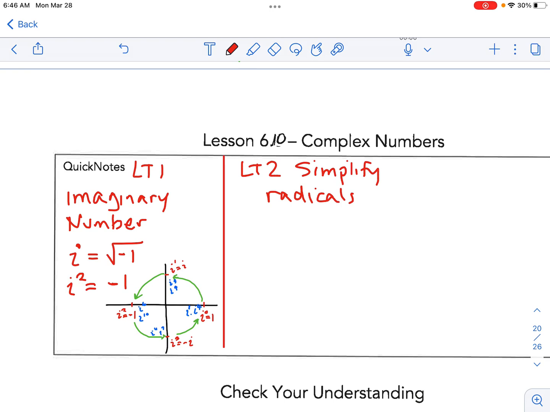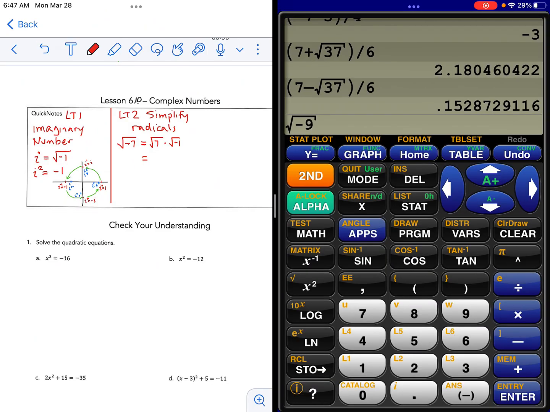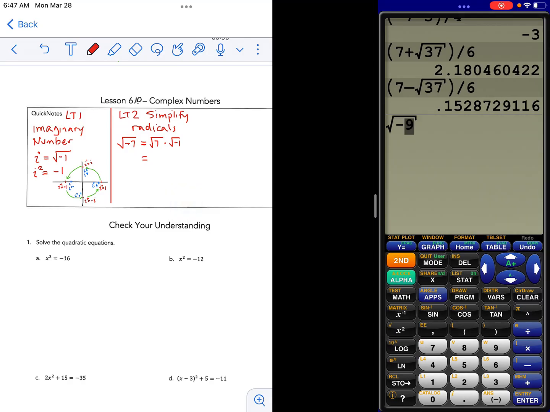So if we have a radical where we have the square root of -7, then we process that as the square root of a +7 times the square root of a -1. In this case, actually I'm going to leave it as a +7.